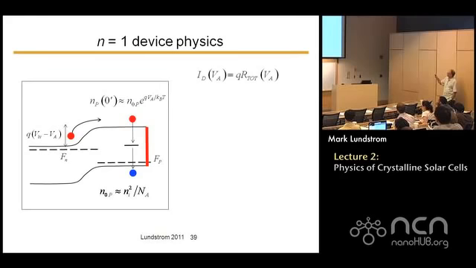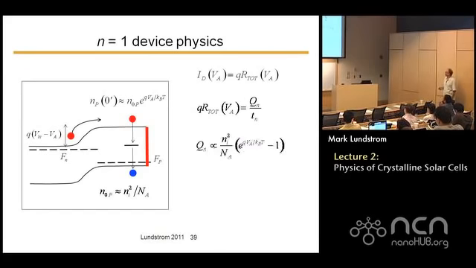The diode current is the total recombination. The total recombination is just the total amount of excess charge in the quasi-neutral region, the p region, say, divided by a characteristic time. That characteristic time is the average time it takes to recombine through a defect, or the average time it takes to diffuse to the back contact and recombine there.